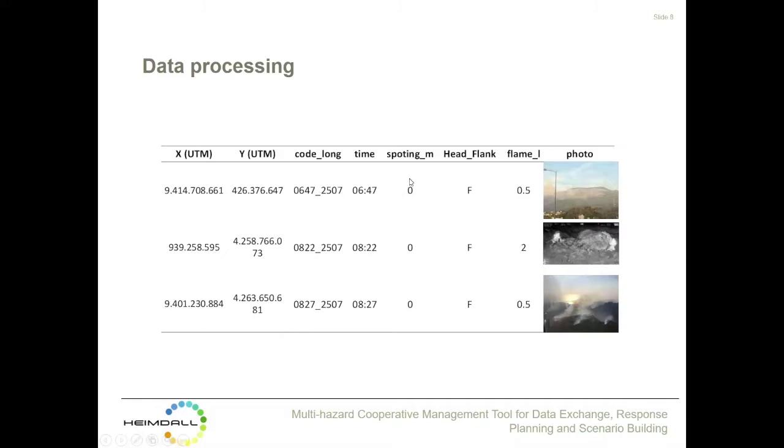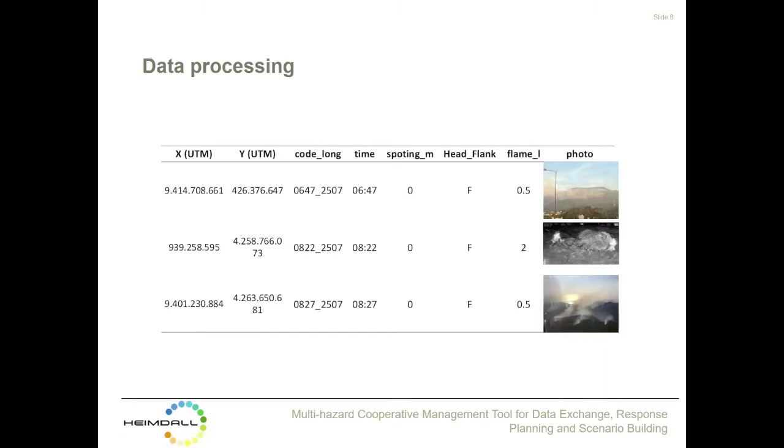In that case, it has information about the distance of spotting, which in that case is 0. It also says whether the photo shows the head of the fire, the flank, or the tail, and also the flame length. In that case, it's in meters, so 0.5 or 2 meters of flame length, etc.